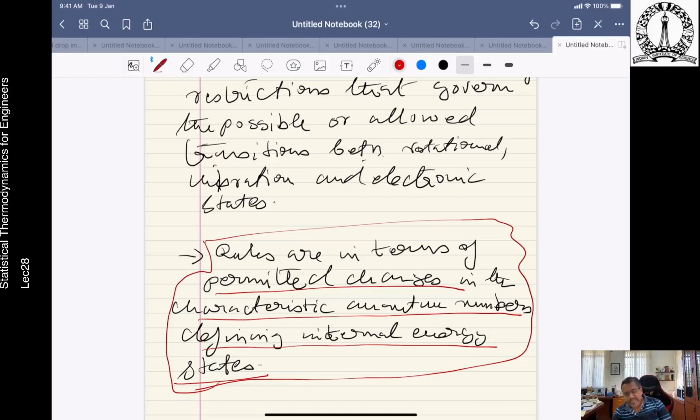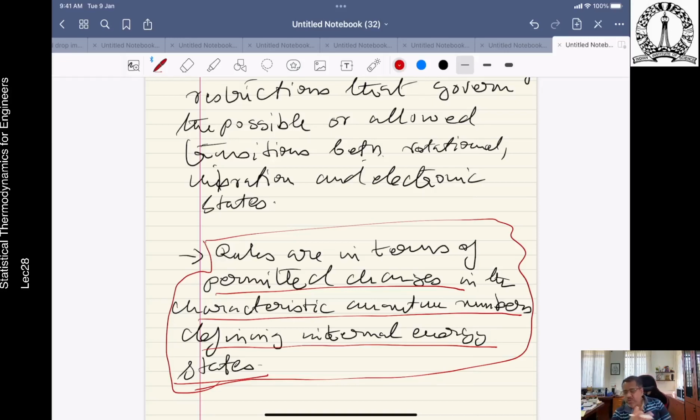Once there is a perturbation, applied to a generic two-level system, we define based on that the transition probabilities associated with such transitions. The idea of selection rules is which characteristic quantum number changes are permitted, and what is called a forbidden transition and an allowed transition.